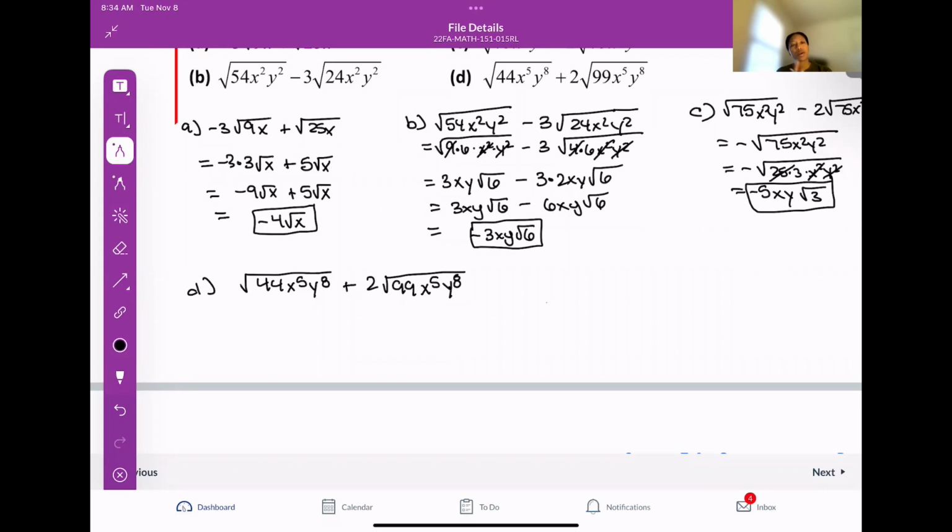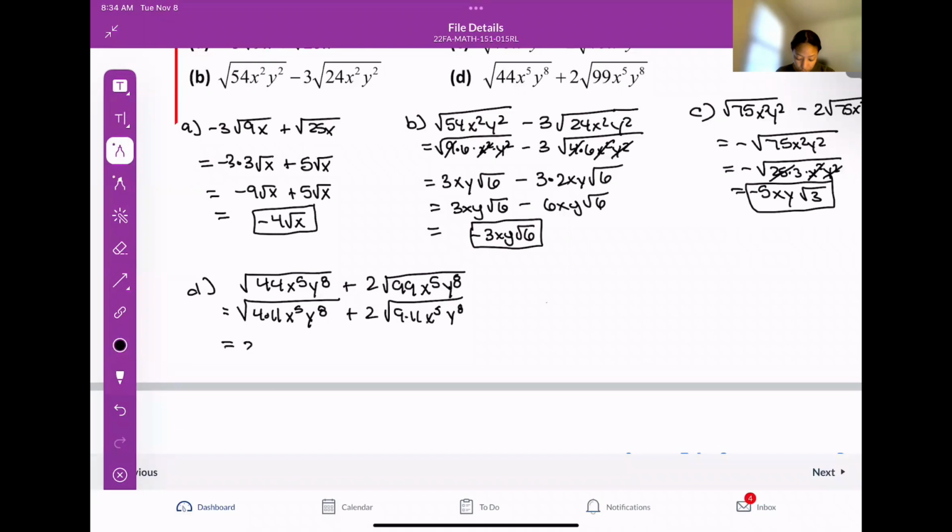We can write that as 4 times 11 and 9 times 11. All right, so 4 times 11, x to the 5th, y to the 8th, plus 2 times the square root of 9 times 11, x to the 5th, y to the 8th. All right, what things can we take out?